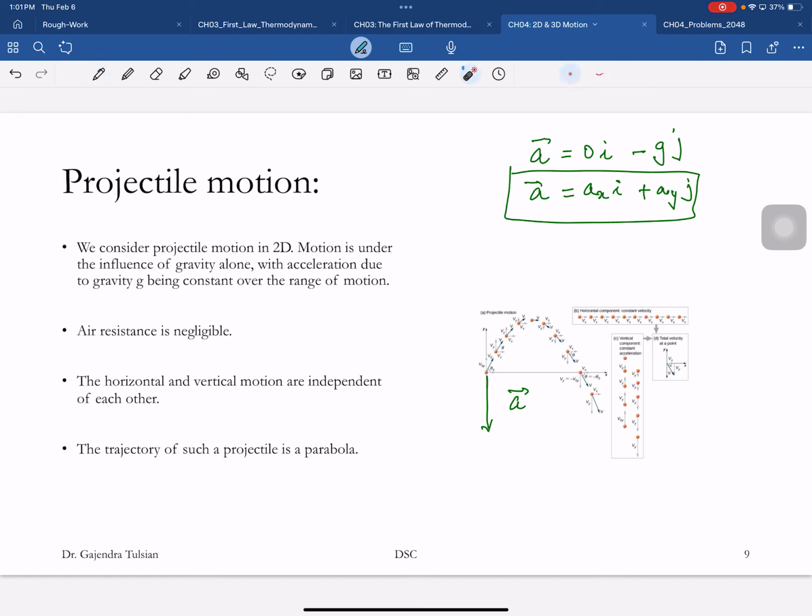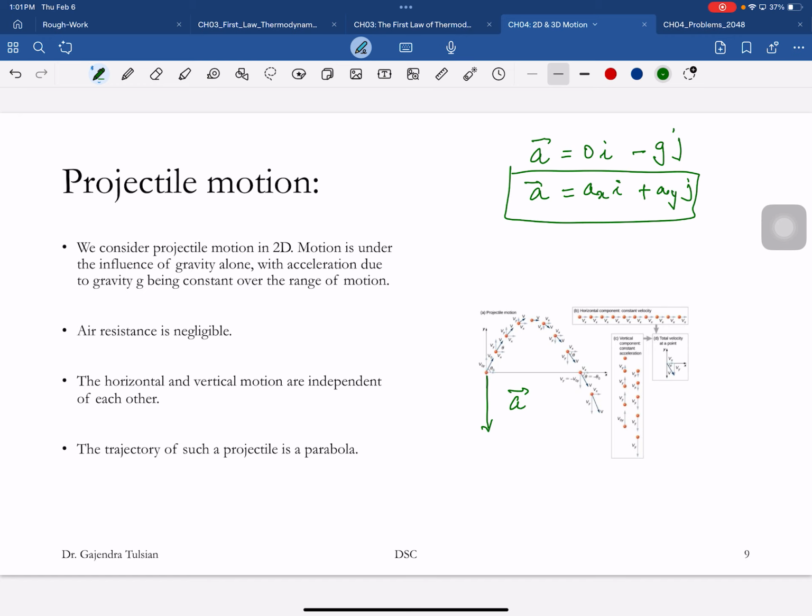That is the x component of the acceleration, and that is the y component of the acceleration. What is the x component of the acceleration for this guy? 0. What is the y component of the acceleration? Negative g, with reference to this coordinate system.